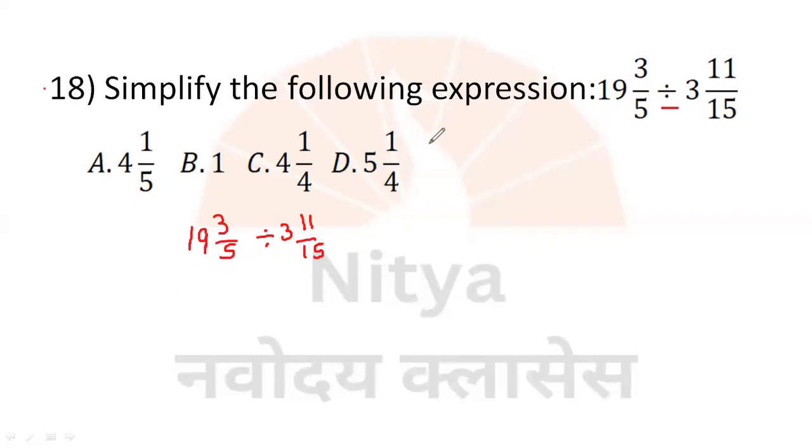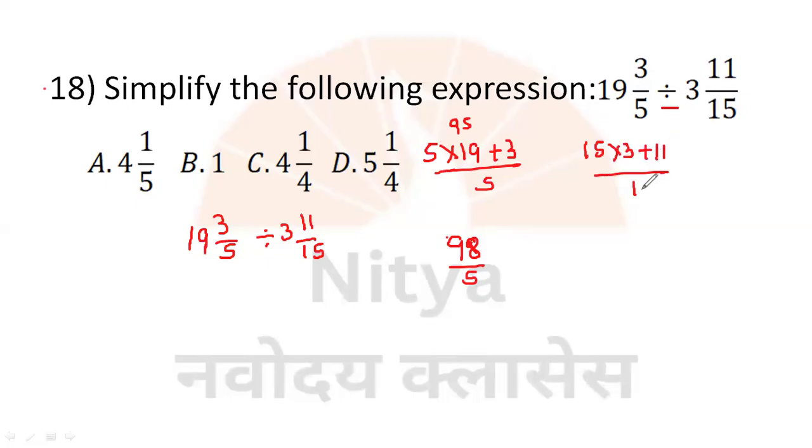So how do we convert? 5 into 19 plus 3 divided by 5. 19 fives are 95 plus 3, that is 98, so 98 by 5. Convert this 15 into 3 plus 11 divided by 15. So 15 3s are 45. 45 plus 11 is 56. So 56 divided by 15.